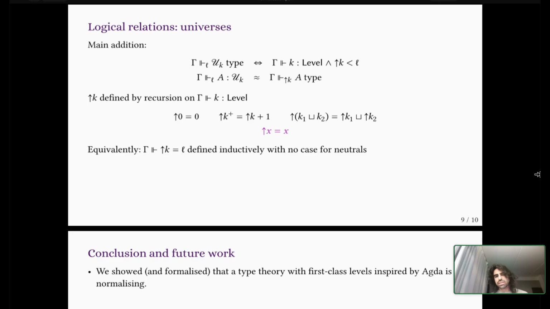So we sort of say that a level is reducible if it reduces to something that's in one of the forms that we have here. So either it reduces to 0, or it reduces to the successor of a reducible level, or a least upper bound of something that is stuck, or a neutral. Thanks.